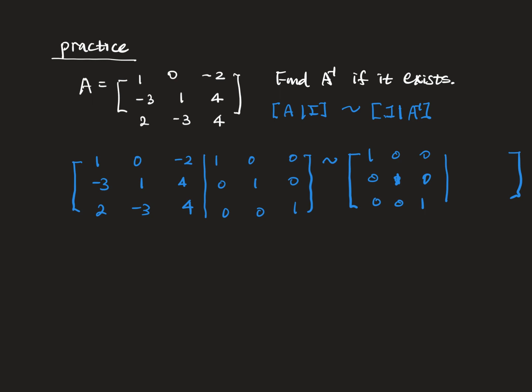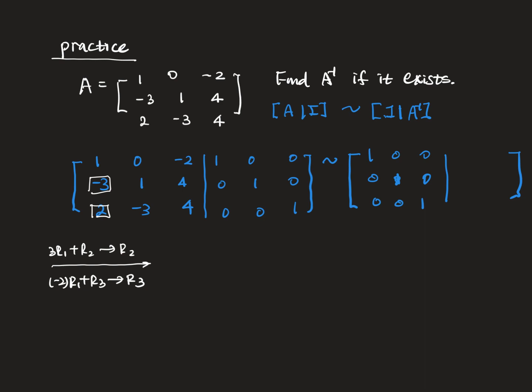I'm pretty sure you already did it, guys, right? So this one should be 0. This should be 0. So you already did a couple of things. 3R1 plus R2 goes to R2. Negative 2R1 plus R3 goes to R3. Everything makes sense?